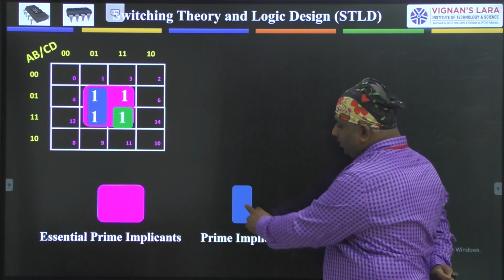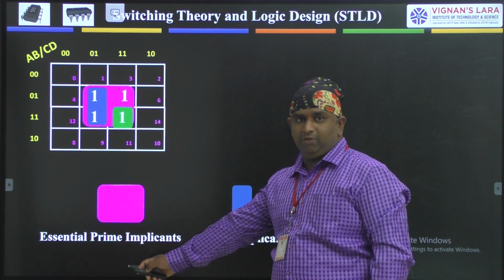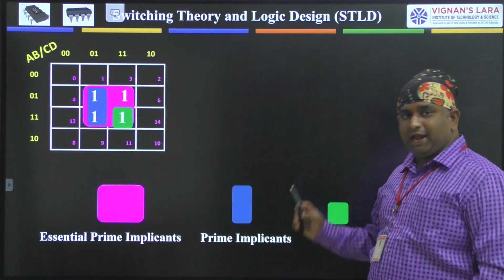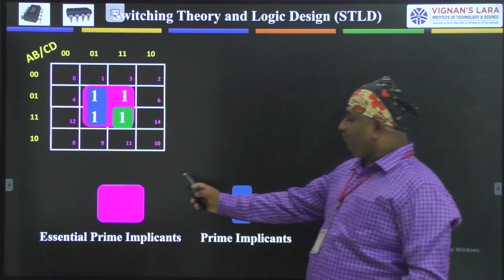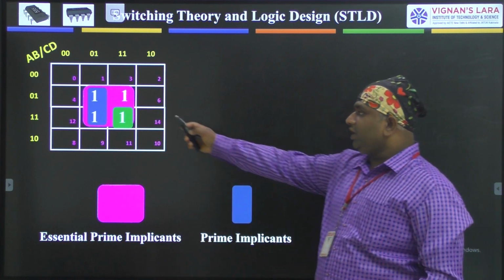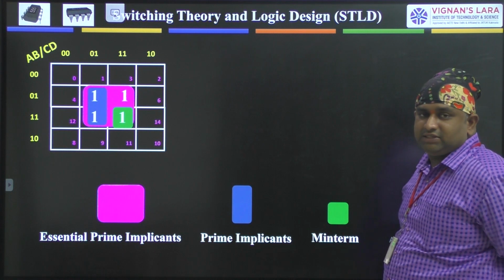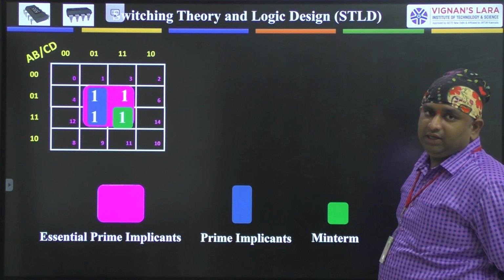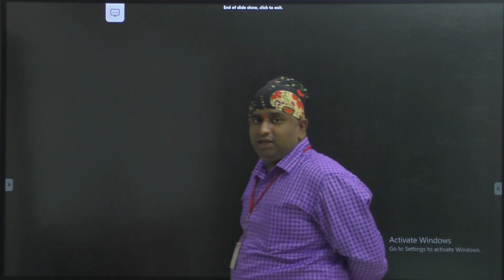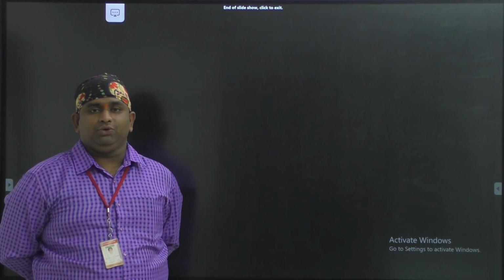The blue one is a prime implicant. When an essential prime implicant is available, there is no necessity of the prime implicant, so the blue part is not necessary. The green one is nothing but a minterm, we are just noting that information. So these are the prime implicants and essential prime implicants. Thank you very much.